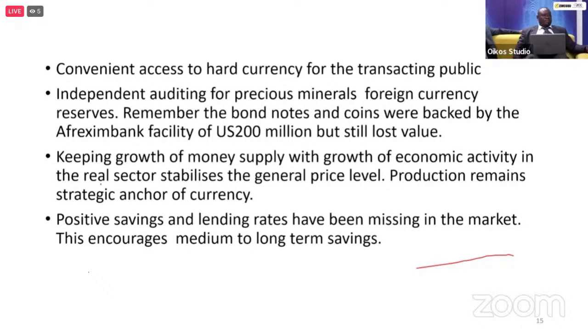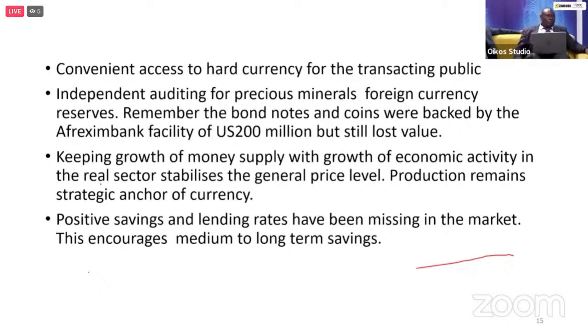We don't know what happened to that buffer stock which was backing the currency. So we don't want to repeat the same mistake of yesteryear or of yesterday. So we expect the new government to work expeditiously to allow for this important requirement.